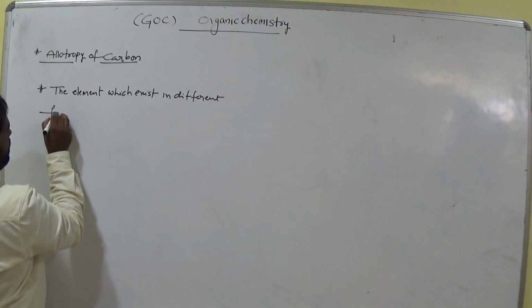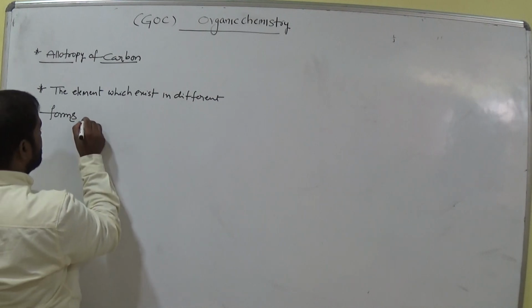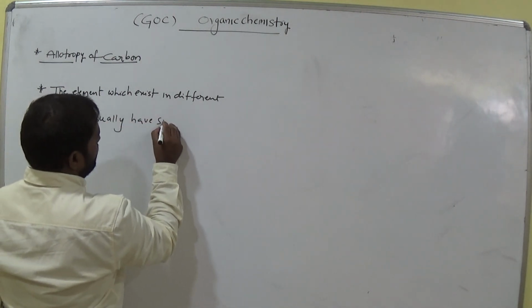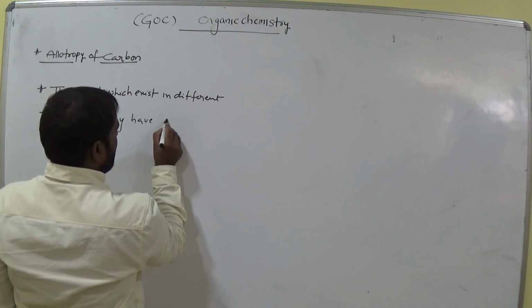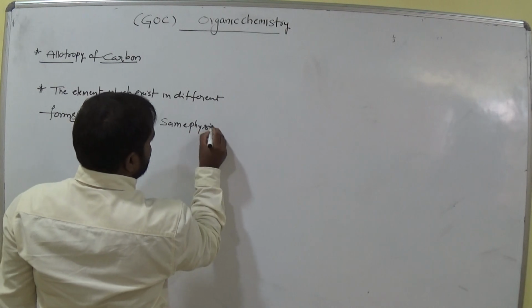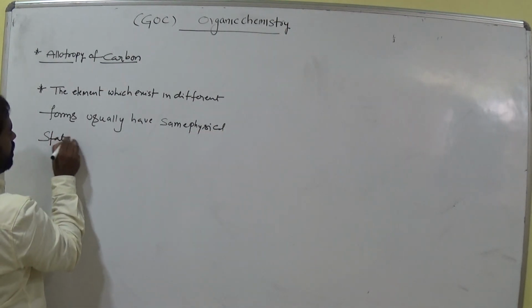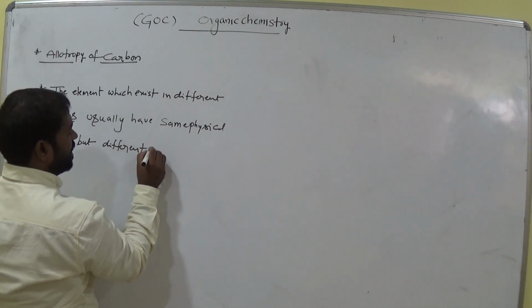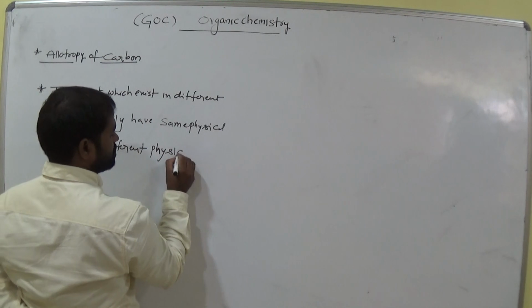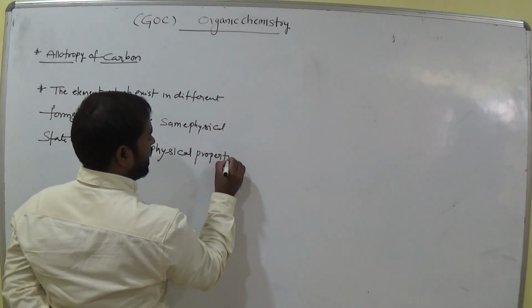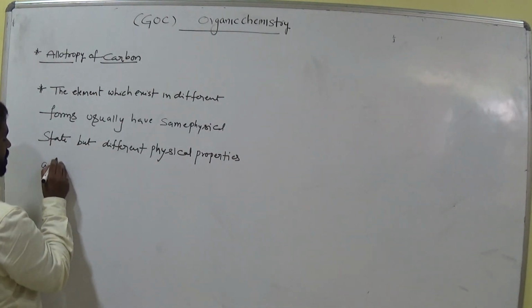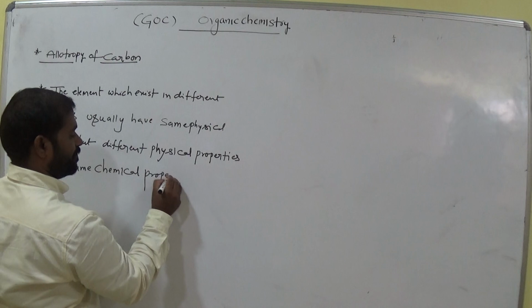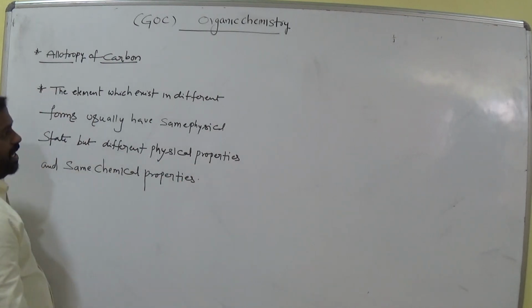different forms, usually having the same physical state but different physical properties and the same chemical properties, is called allotropy.